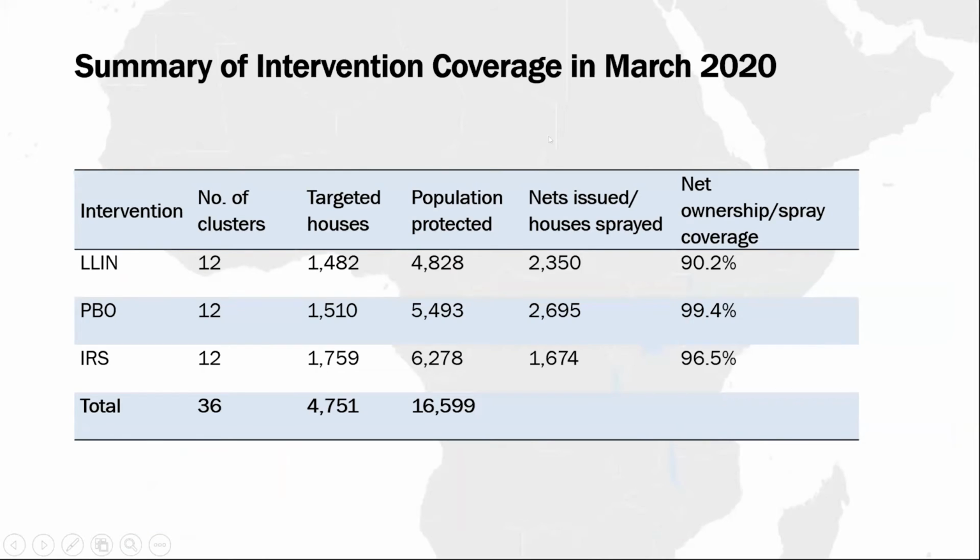In our coverage, in the intervention that we conducted in March of 2020, we achieved a very high percentage of net ownership, in which we also ensured 1 net for every 2 persons in both the LLIN and the PBO arms of intervention. We also had a very high spray coverage of 96%, and with the 3 interventions, we protected over 16,000 residents.